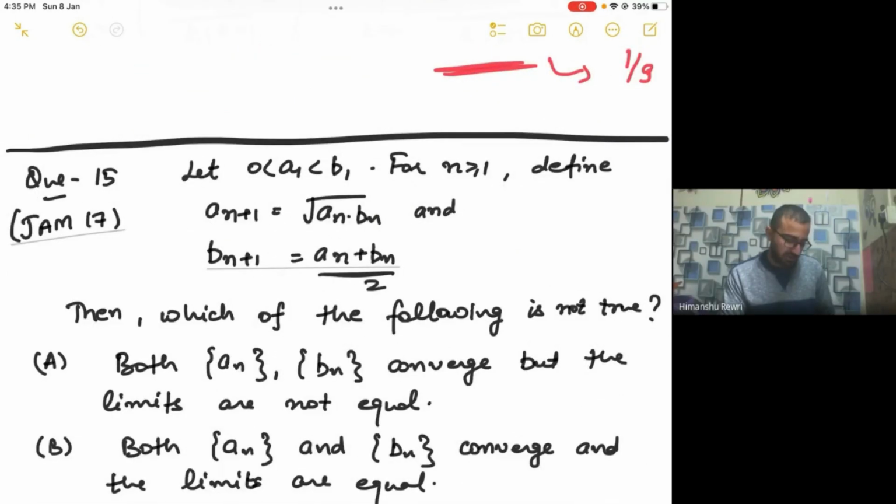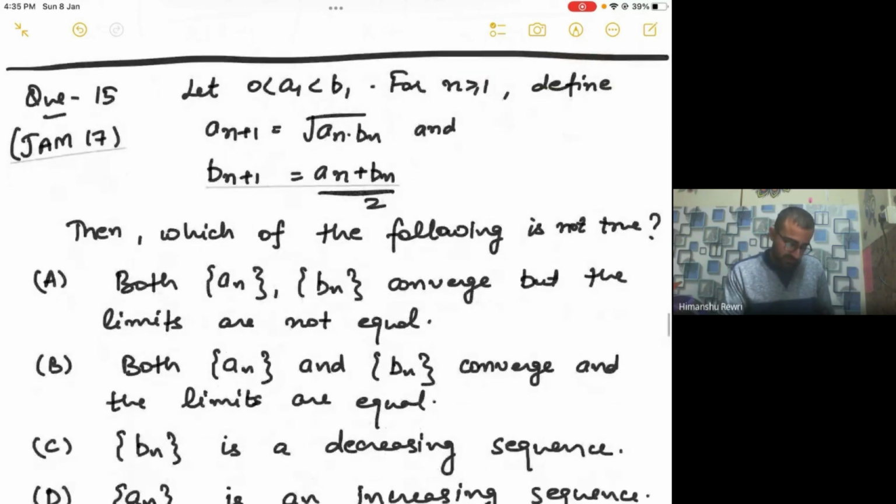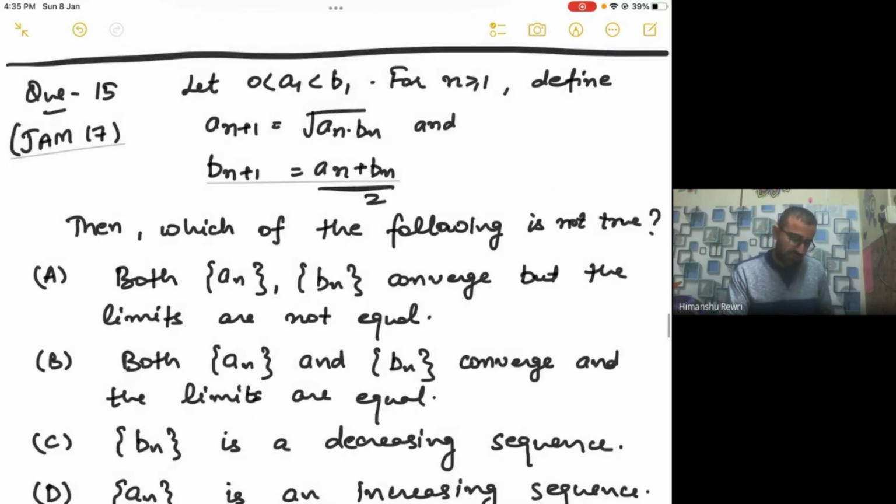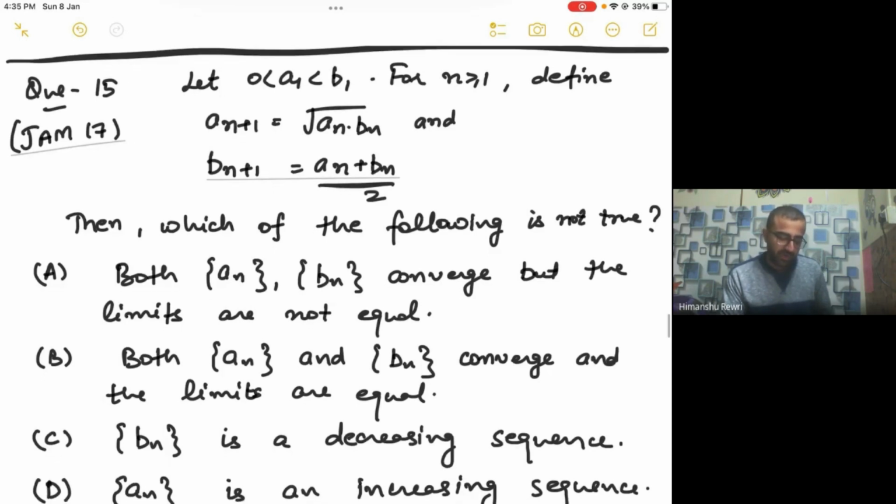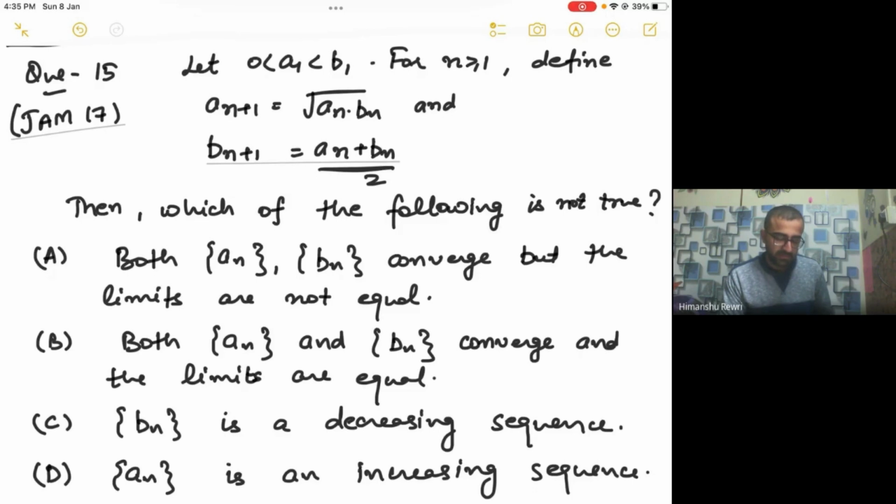This question comes from JAM 2017. It is given that A1 and B1 are two real numbers with 0 less than A1 less than B1. For n greater than or equal to 1, we define An plus 1 as the square root of An into Bn, and Bn plus 1 as An plus Bn by 2.